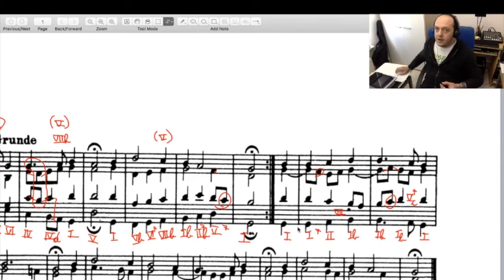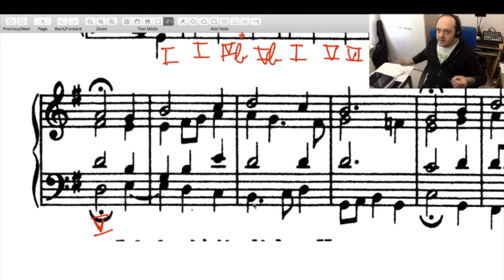Okay, let's carry on. All right, next phrase and cadence. Again, let's see if I can manage with my ghastly sight reading.